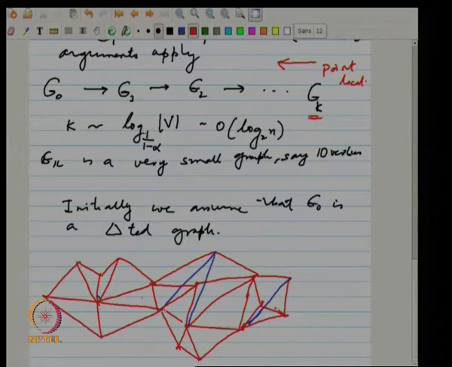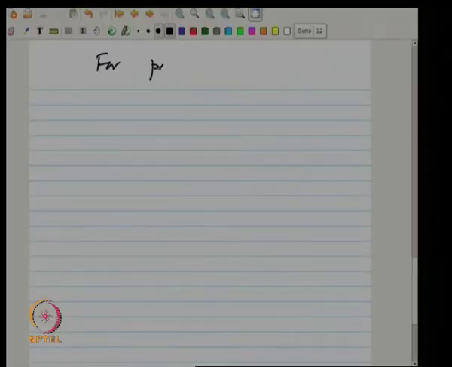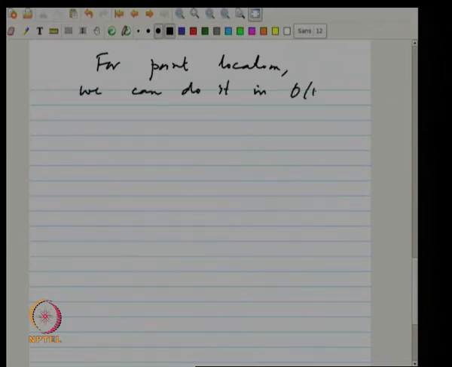My first step is the point location. We can do it in some constant time in G sub k using whatever algorithm, using some brute force, let us say.